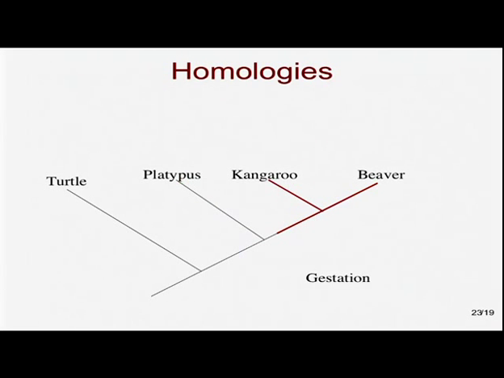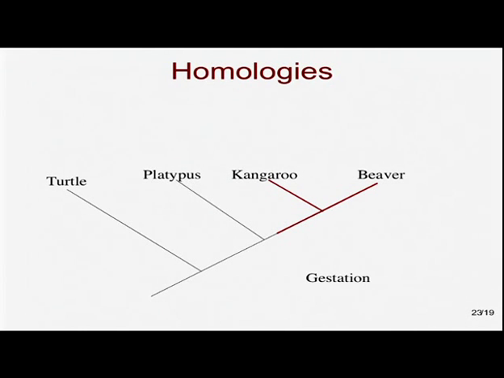Now, if you speciate again, because platypi, is that what you say? Platypuses? I don't know. Platypuses are not kangaroos, so they had to have diverged at some point. And a divergence from this type, which are the monotremes, is in gestation.